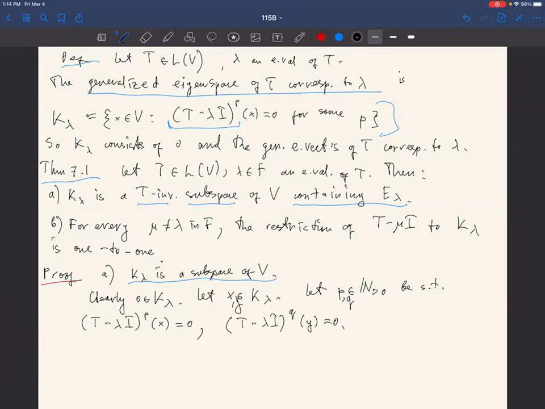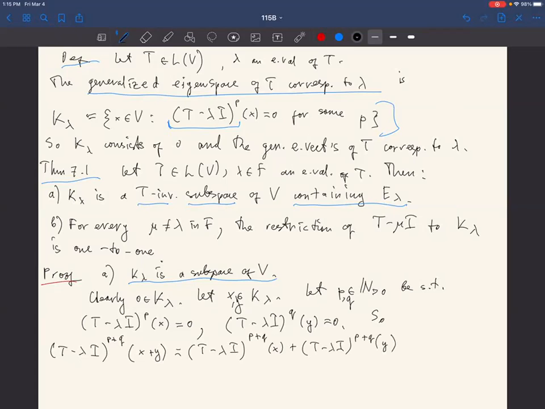Okay? So we have T minus lambda I to the power p plus q evaluated on the sum x plus y. So the hope is that we're going to get 0 here. If we apply each of the maps enough times to the sum, we're going to get 0. So let's check it. This is the same as T minus lambda I to the power p plus q evaluated on x plus T minus lambda I to the power p plus q evaluated on y.